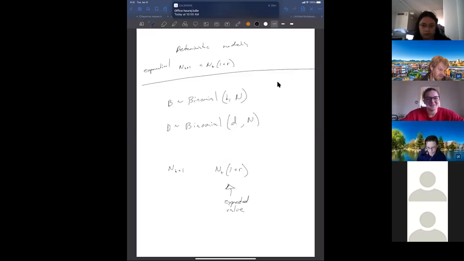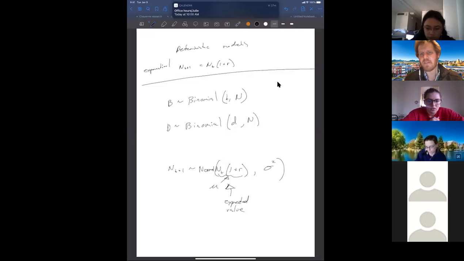One way to do that we've talked about is using a normal regression model, where this equals mu, and then there's some variability around that. Now we've incorporated our deterministic model, which was our exponential model, as a mean process, but we also have some uncertainty that's characterized by the normal distribution.